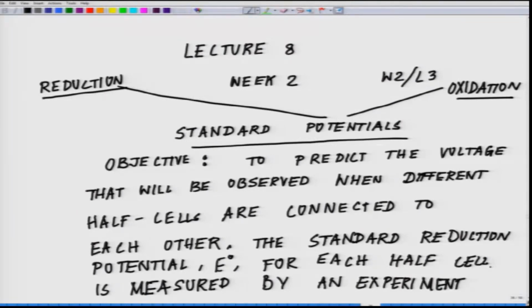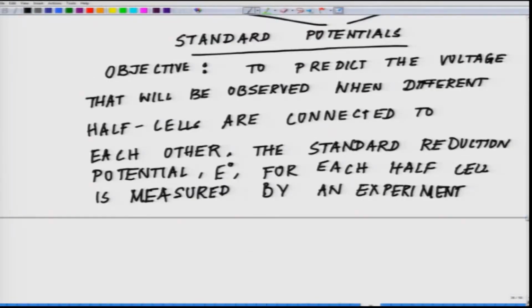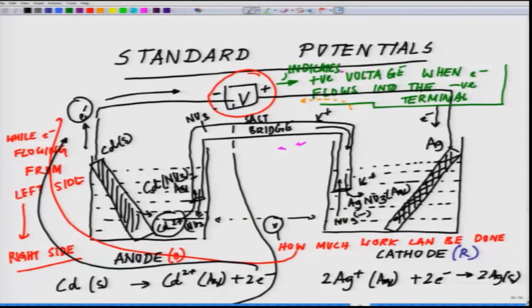Now, let us go back for a second to this reaction, what we exactly did. You have this cadmium, which is getting oxidized, and silver, which is getting reduced.